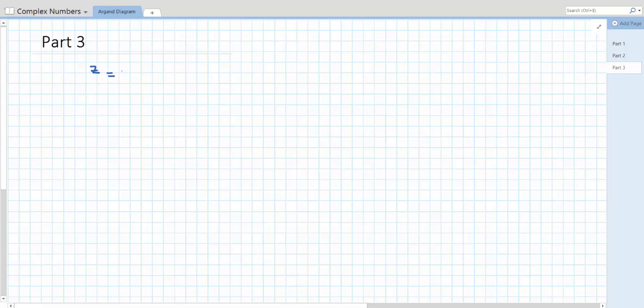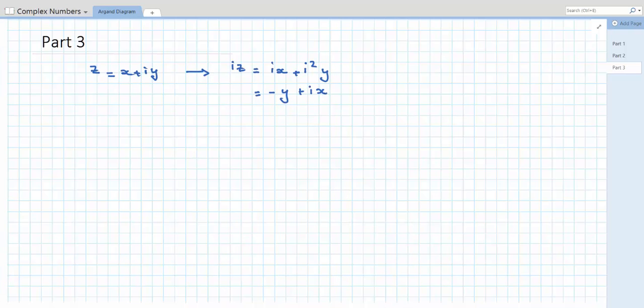So z is x plus iy. When we multiply this by i, we end up with ix plus i squared y. Now i squared is -1, so that's negative y plus ix. So what does this mean?